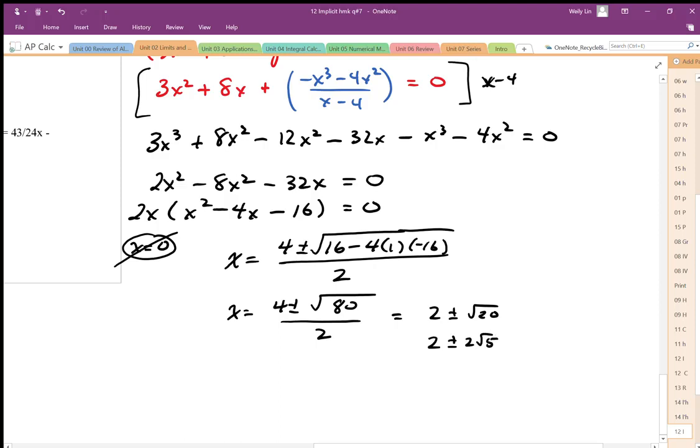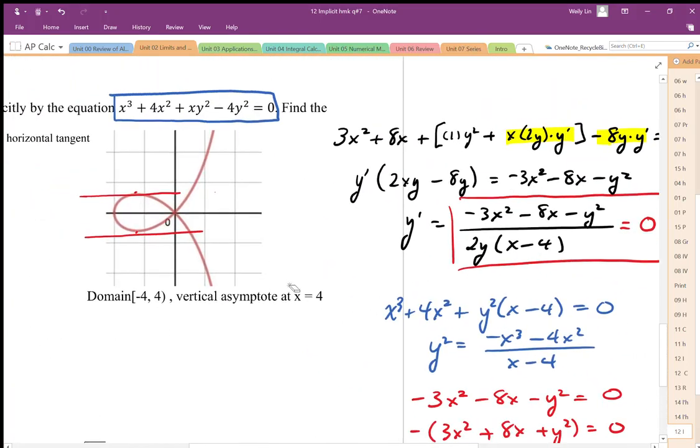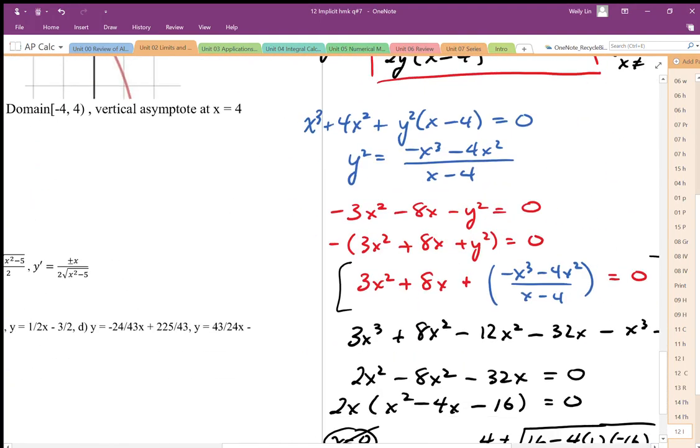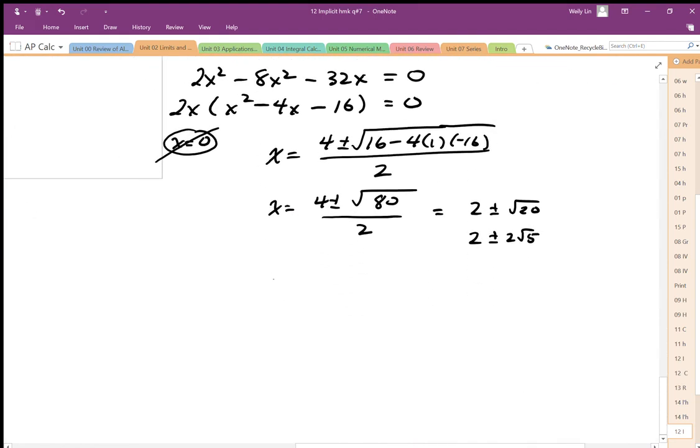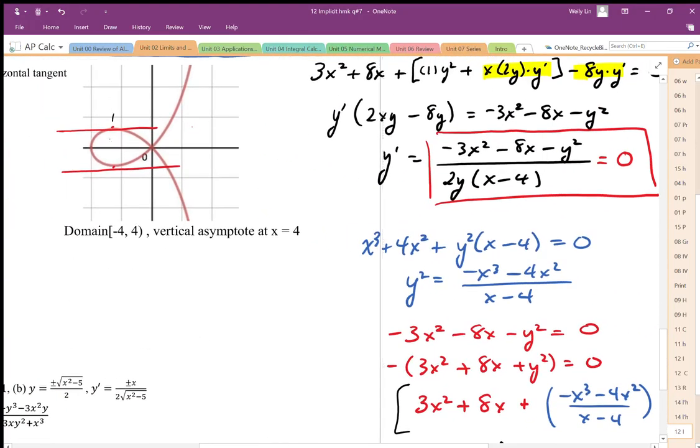Okay, so if we take a look at the graph, 2 plus 2 root 5 is going to be outside of our domain. So we're just going to use x equals 2 minus 2 root 5, and that's going to be the position right about here. So this position here is going to be 2 minus 2 root 5 approximately.